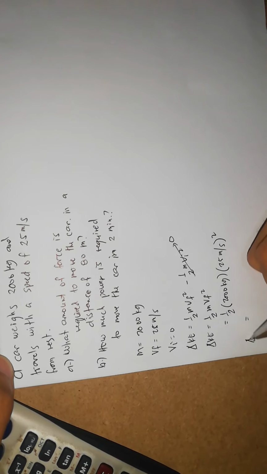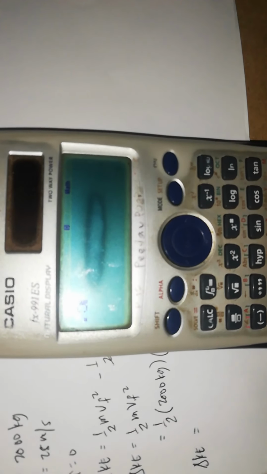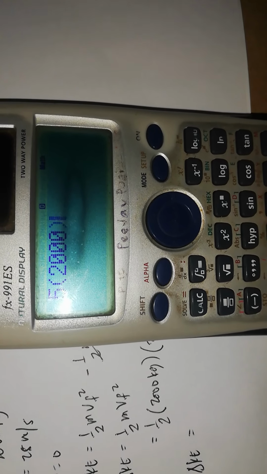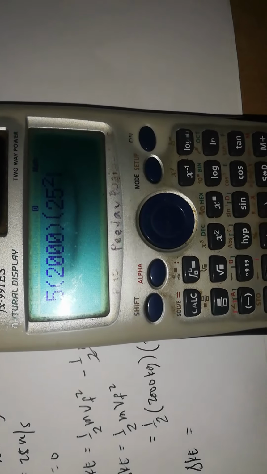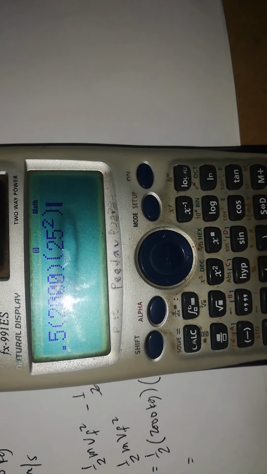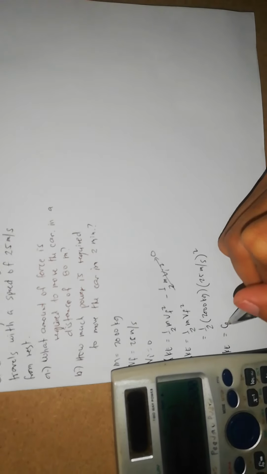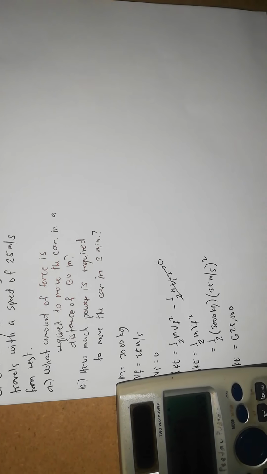So change in kinetic energy, by calculator we have 0.5 times 2,000 times 25 squared. Okay? So, equal to, ayan po. So, meron tayong 625,000.